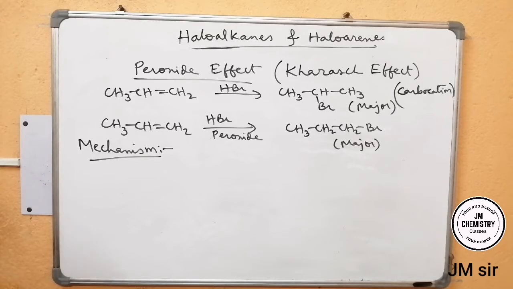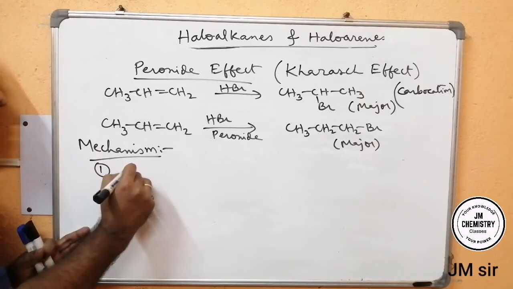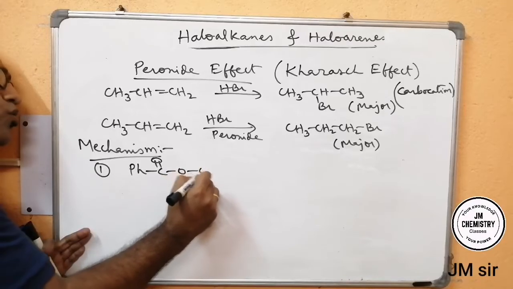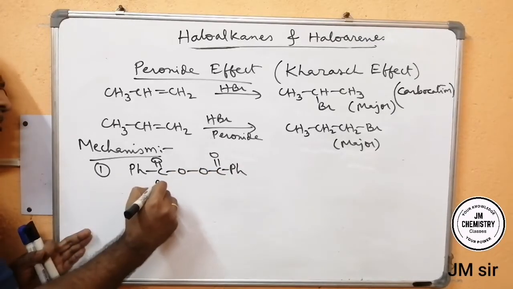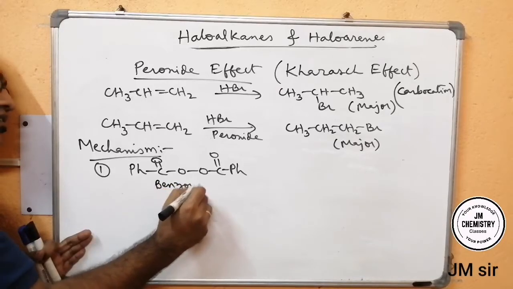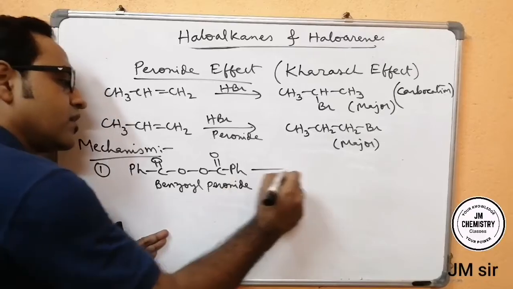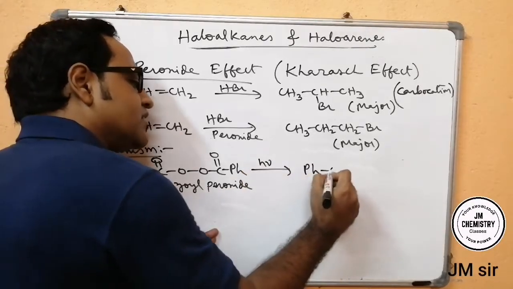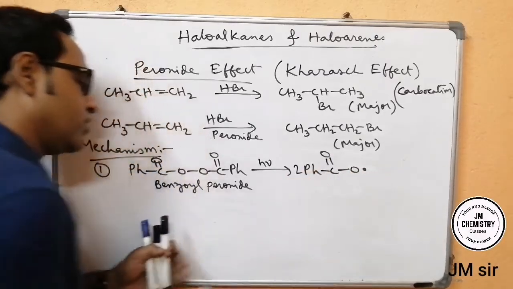Now in peroxide, mostly we take organic peroxide like benzoyl peroxide. So the first step is PhC(=O)-O-O-C(=O)Ph. This is benzoyl peroxide. In presence of h nu, it breaks to form PhC(=O)-O dot.